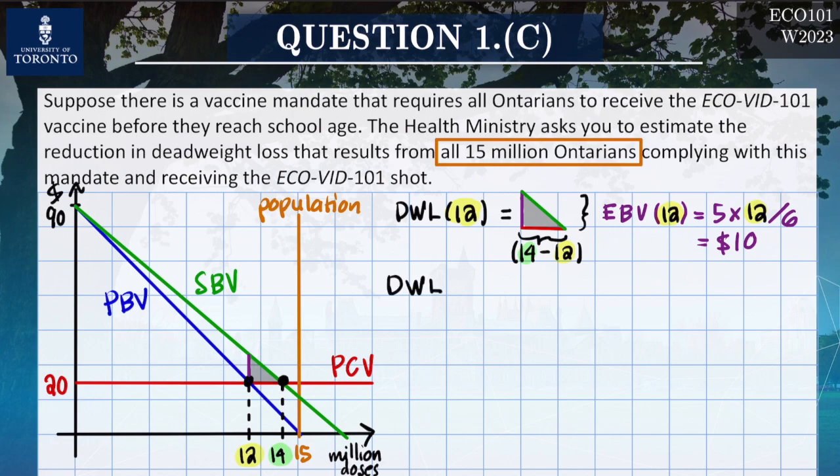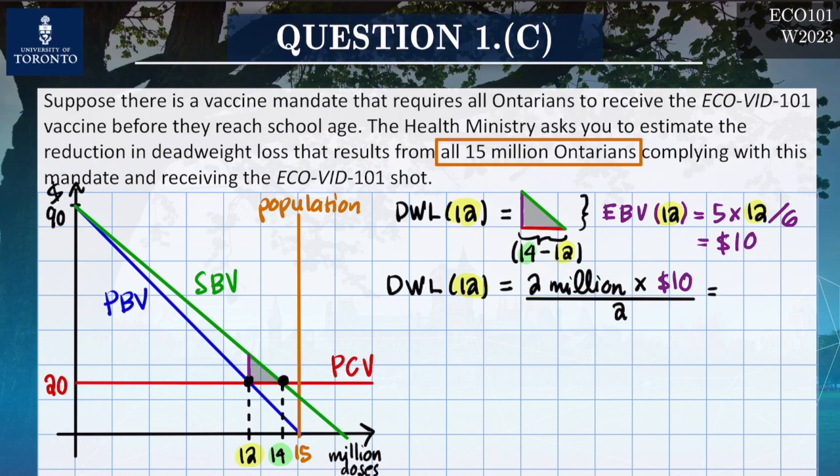So let's compute the value of deadweight loss at the market quantity, just the area of a triangle whose base is 2 million doses missing to get the optimum quantity exchanged. Multiply this by the height, which is just the external benefit of vaccination, $10. That we divide by 2.